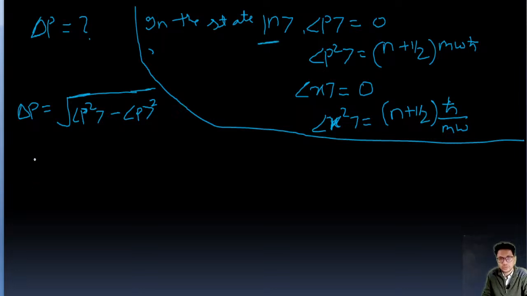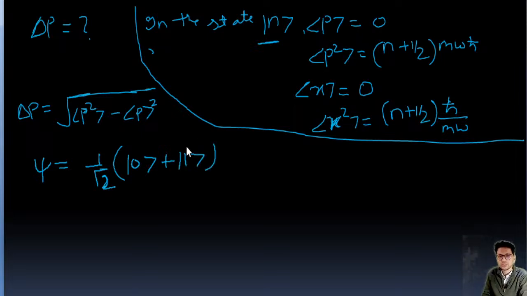So we have been given psi equal to 1 upon root 2 (0 plus 1). This is what is given. In this state we need to find this.